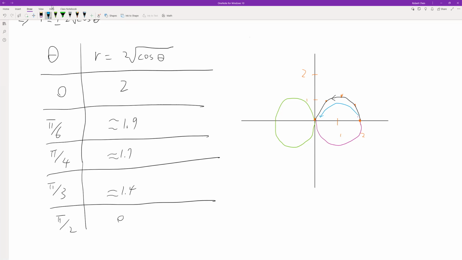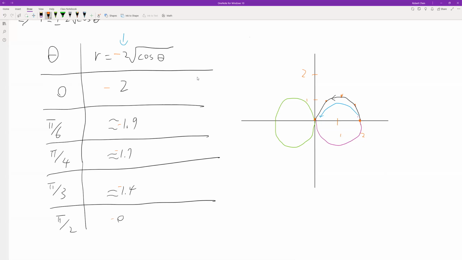For example, let's do this. The graph that we got in quadrant one came from taking the positive form of two radical cosine, right? So let's see what happens if we take negative, right? If you make this negative, then all these values will be negative.